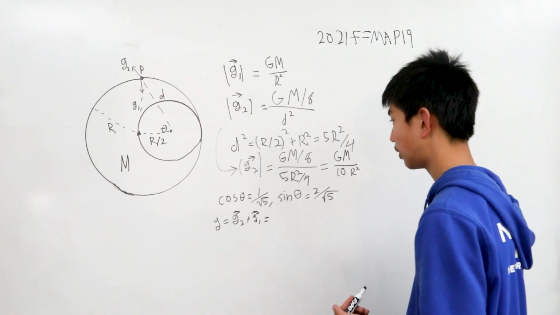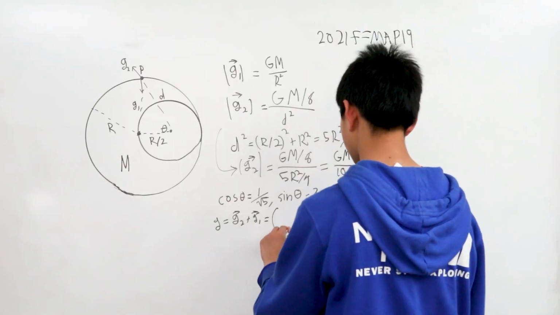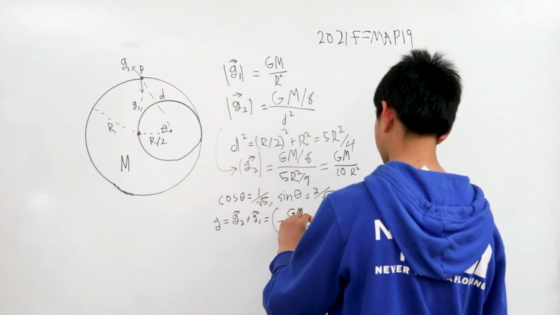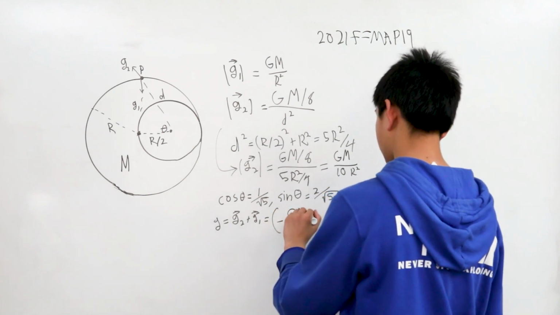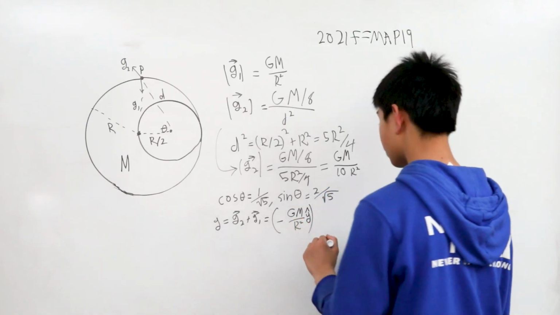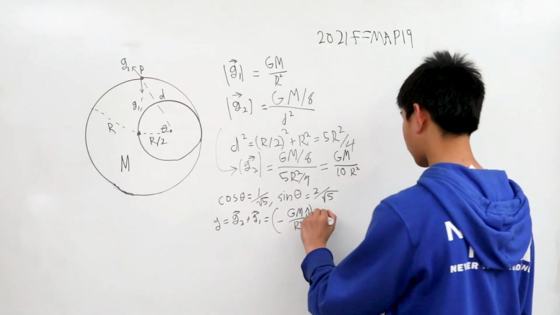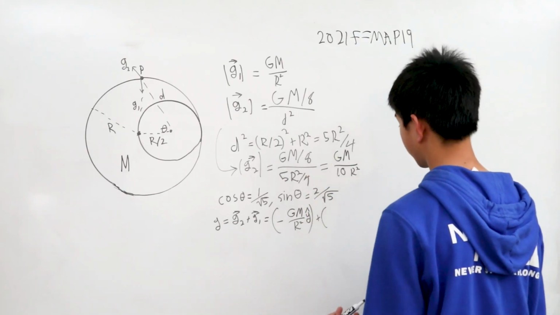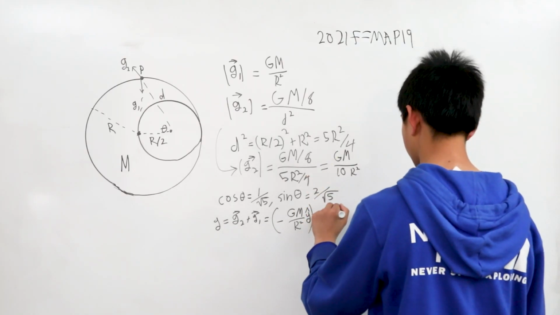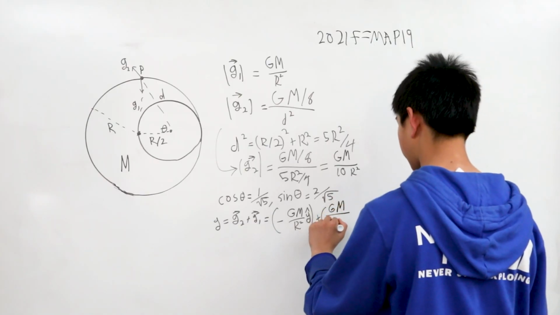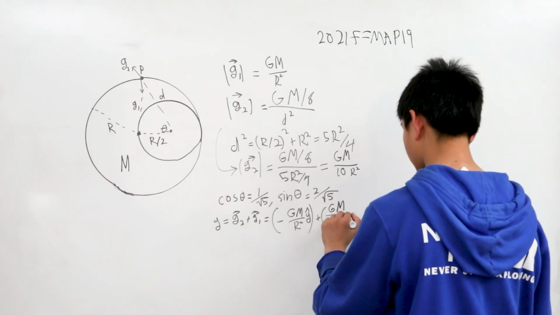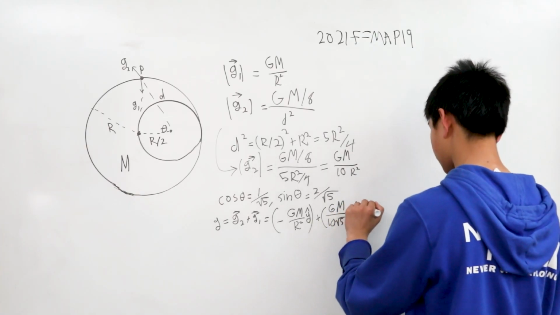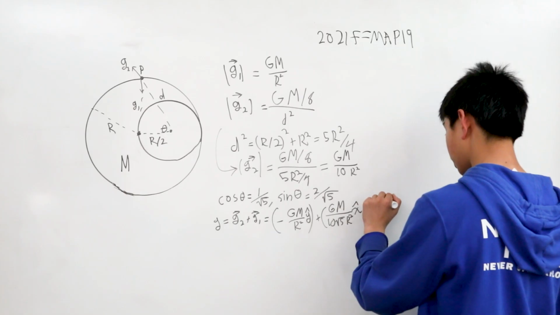which is, well, we have the first one, G1 is pretty simple, negative Gm over r squared. So we just write out the expression for how we solve for the gravitational fields. We can do this by plugging in the values and using those trigonometric identities to help us solve this equation.